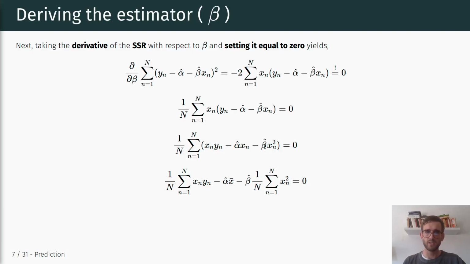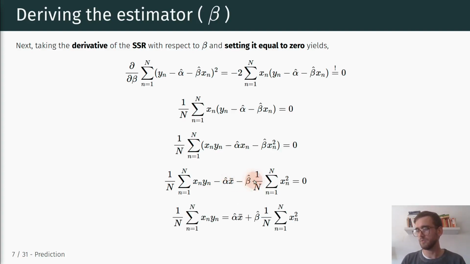We can pull out the product term in front of the sum, so we have beta hat times 1 divided by n, sum from n equals 1 through N of xn squared. Okay. And now we take these two terms, alpha hat x bar and the second term, and put this on the other side to have this equation.